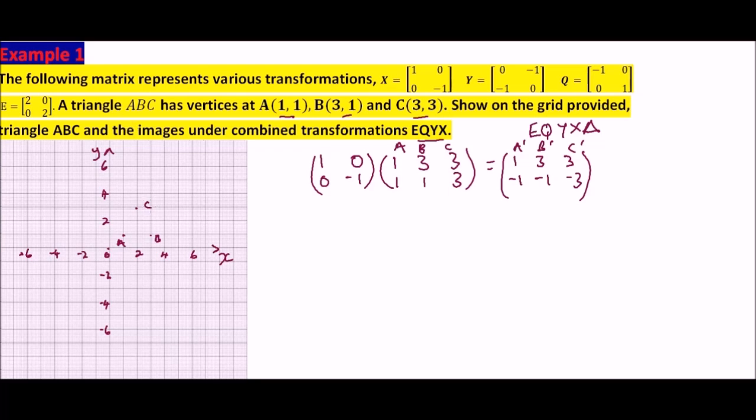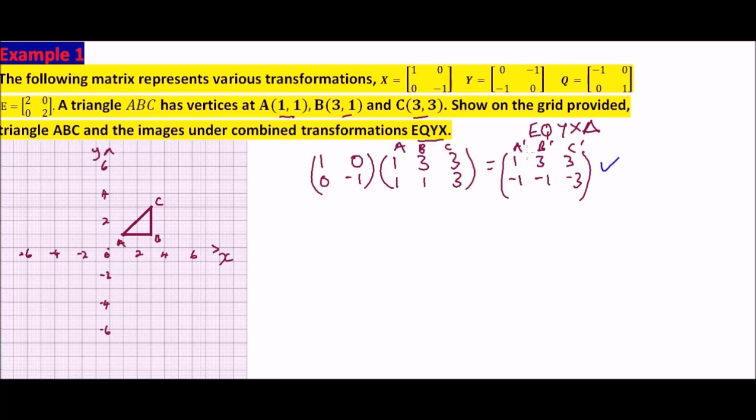That is not the position of C. Our C is at 3, 3. So that's where we have our C. So let's join these points to come up with triangle ABC. So this is our triangle ABC. And then we plot the image after transformation.